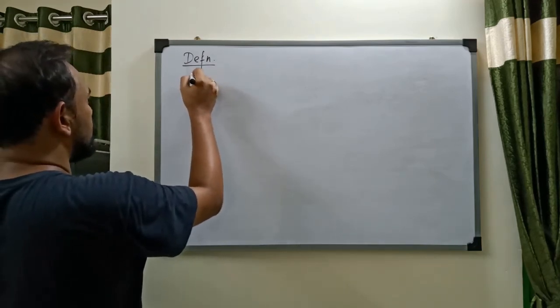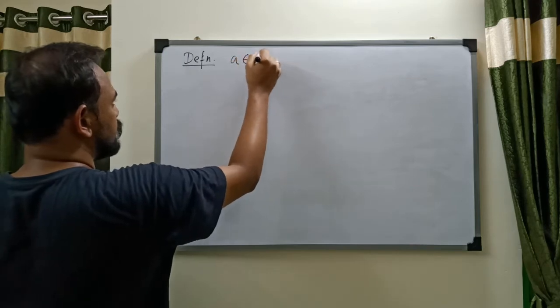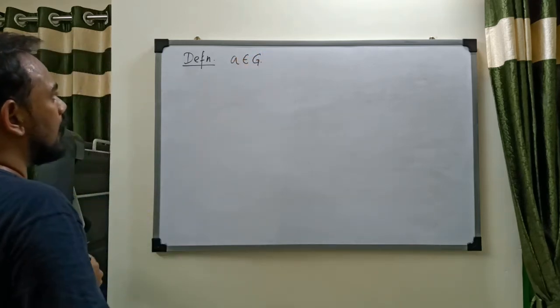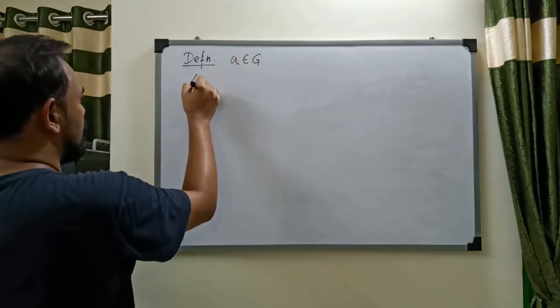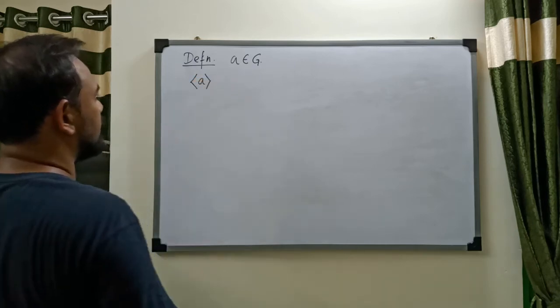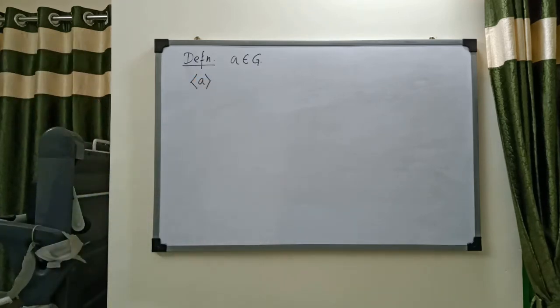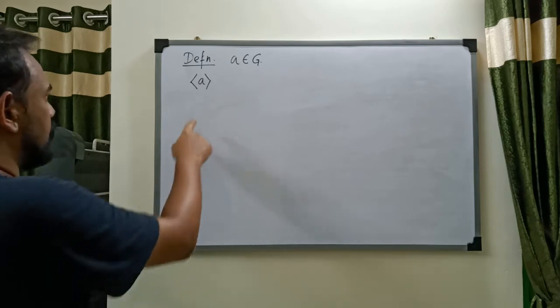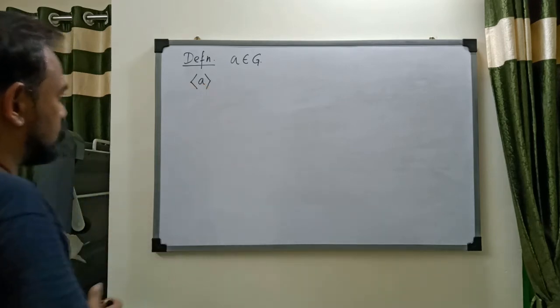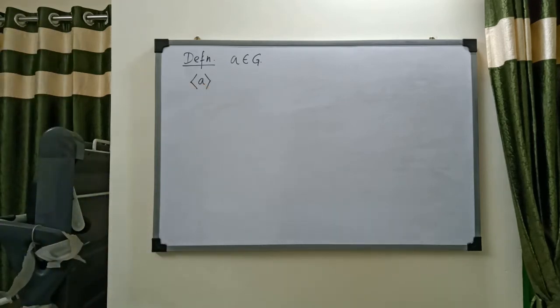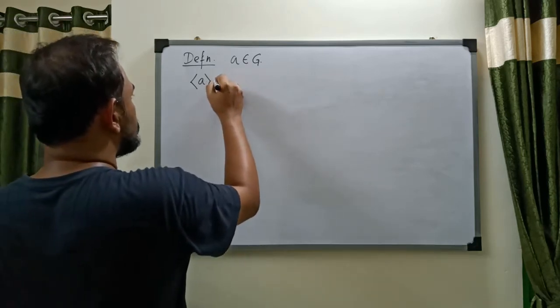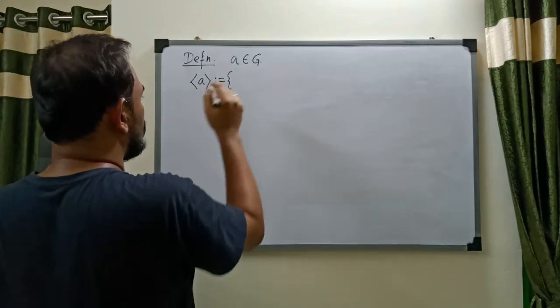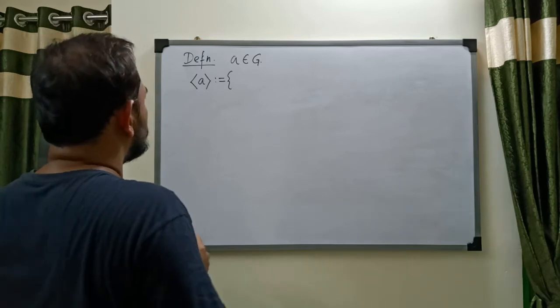So of course a is an element of G. I'm going to define something like this, where a is surrounded by these two fancy brackets here, and I'm going to call it that.